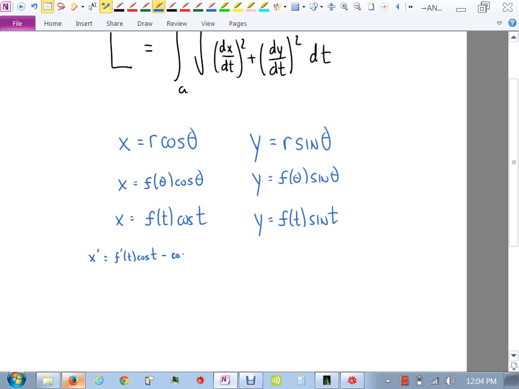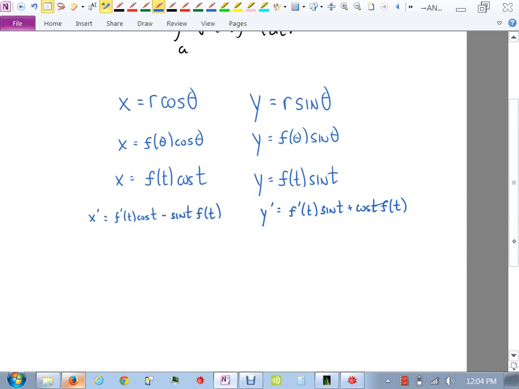It doesn't matter which order, right? That's what the derivative of that would be. The derivative of y would be f prime t sine t plus cosine t f t, which we said was r's, right? Those were r's. So we did that a little while ago.